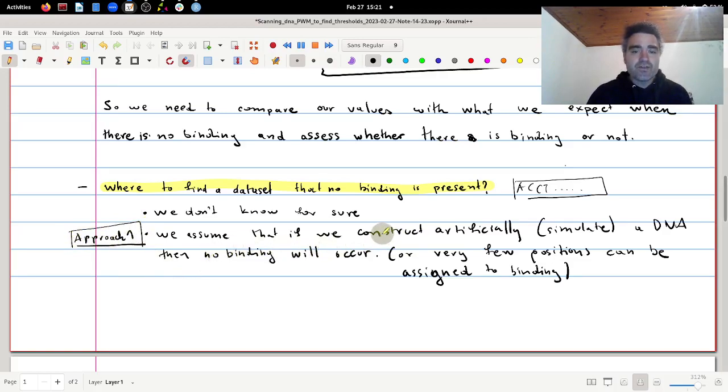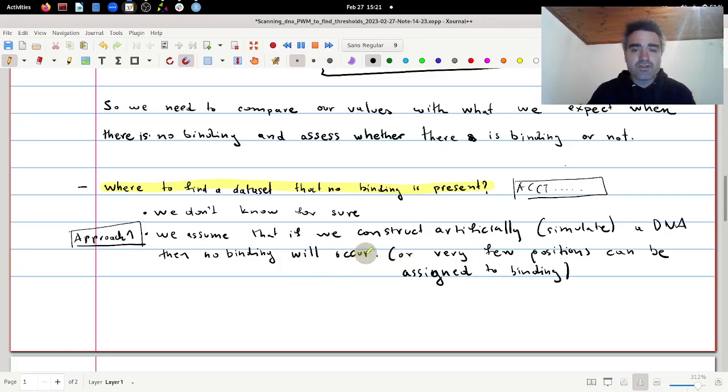If we artificially construct, and this artificial construct is another phrase for the word simulate, if we simulate a DNA randomly, just by chance, then no binding will occur. Or if there will be binding, there will be in a very, very few positions.